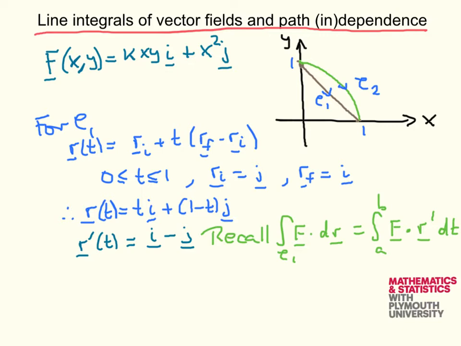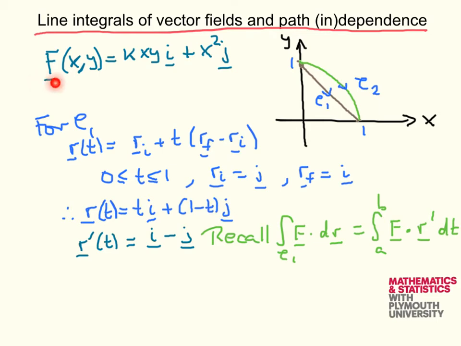So to do that, we go back to our expression here for r, and this is the value of x in terms of our parameter. So x in terms of the parameter is t. This is the coefficient of the unit vector in the y direction, so this is y. So y in terms of t is 1 minus t.